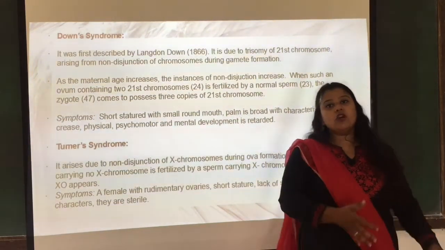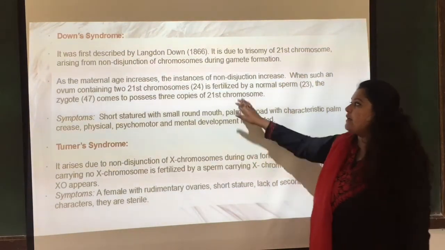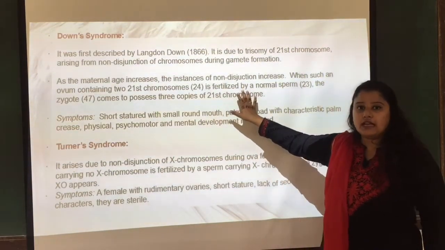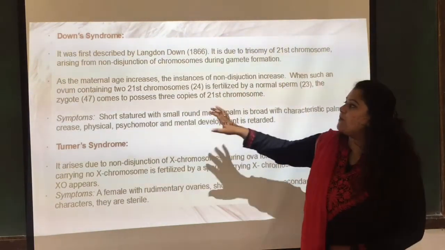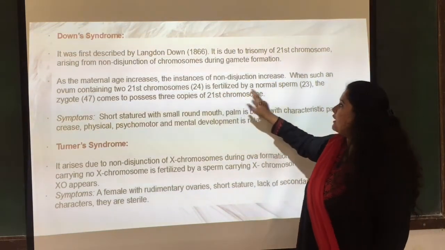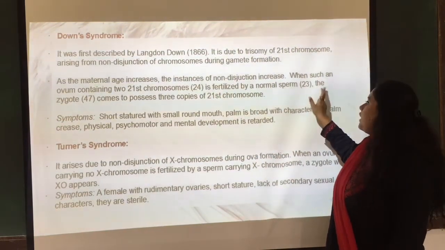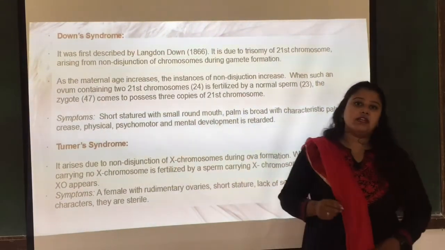As the age of the particular mother increases, the chances of this type of non-disjunction are seen. When such an ovum containing two 21st chromosomes, that is 24, is fertilized by a normal sperm 23, the zygote 47 comes to possess 3 copies of the 21st chromosome.